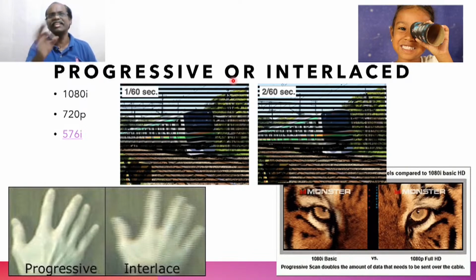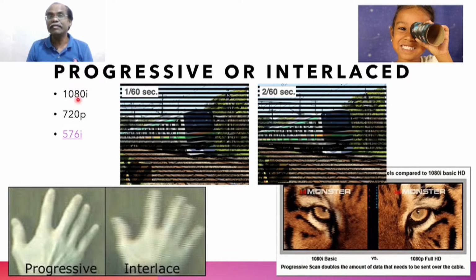Now how do you identify it? You would have seen a number like 1080i. If you see any video specification or TV specification, you would have seen this 1080i. What is 1080i? 1080i means it is interlaced. 1080 is the height.